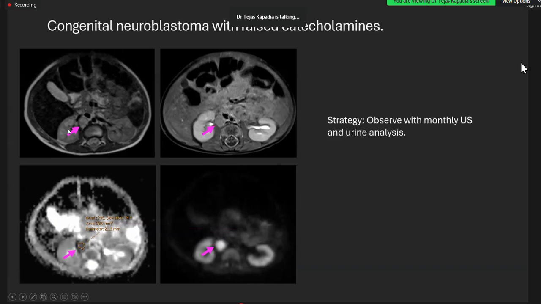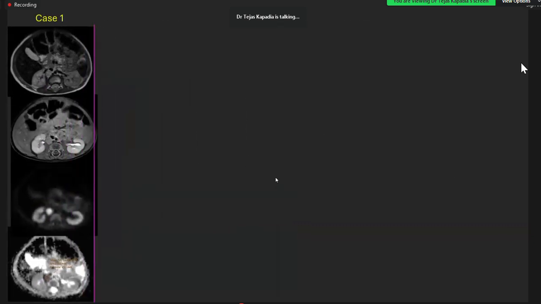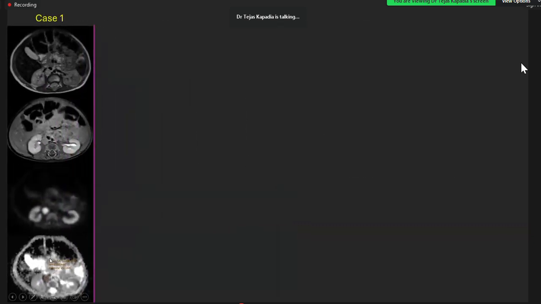Because they are small in size and not invading any structures, this was a very low grade stage. And usually for congenital neuroblastoma, smaller lesions, the strategy is to observe with monthly ultrasound and urine analysis. And by the time of 6 months follow-up examination, the lesion had regressed completely. So this was only observation, no treatment given for this case.